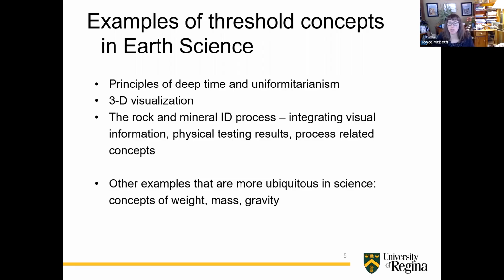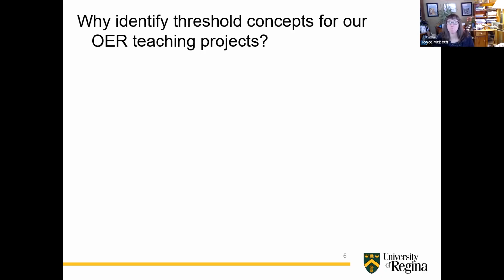We need to understand how mass, weight, gravity work in order to interpret our surroundings and what's happening. Like, oh, that thing fell out of the tree. Oh, well, obviously it's because of gravity. We don't even have to think about it, right? It's just super intuitive. But if you don't understand it, maybe you're a flat earther, right? Like it's a threshold concept that if you miss it, you're in trouble. So anyway, these are some examples of threshold concepts.